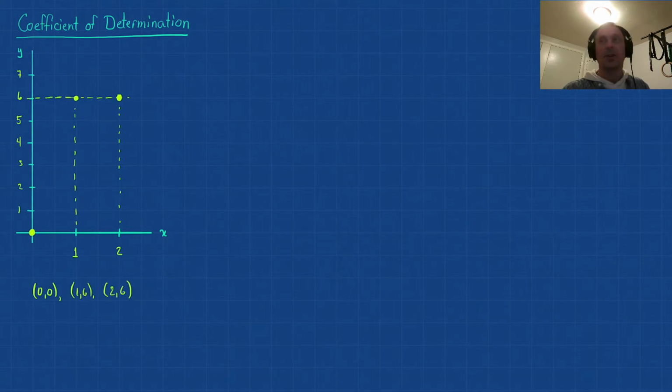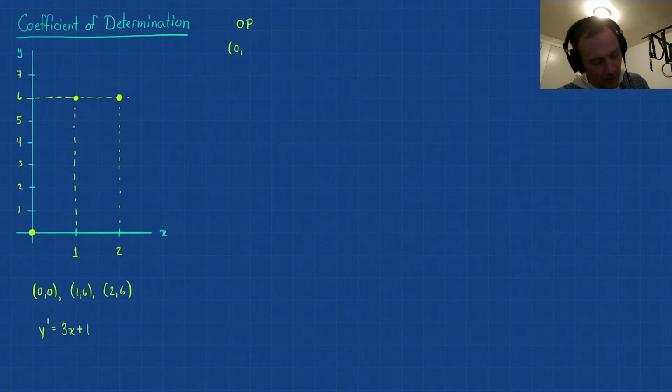Now, I would encourage you to find the equation of the line, and I've already done that, and this is what it is. It's y prime equals 3x plus 1. Now, what I would like to do first is calculate, if we have our ordered pairs, so here we have our ordered pairs, and I'm going to write those: 0, 0, 1, 6, and 2, 6.